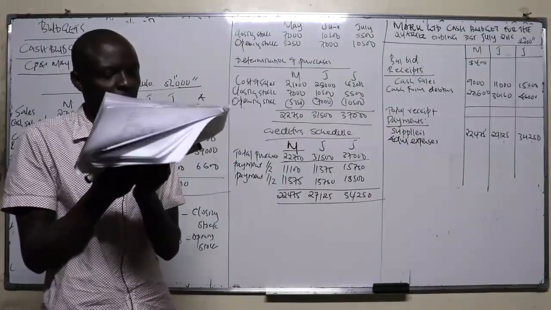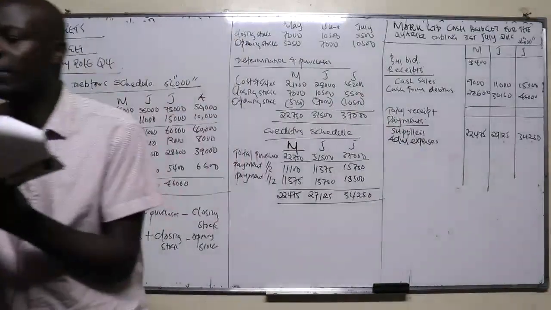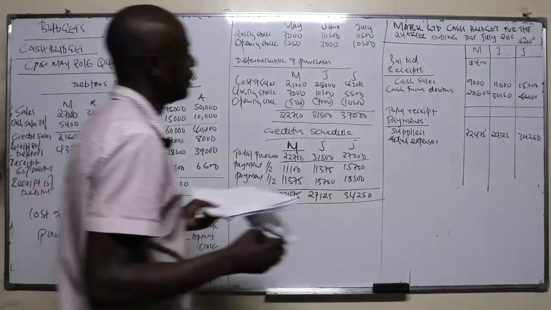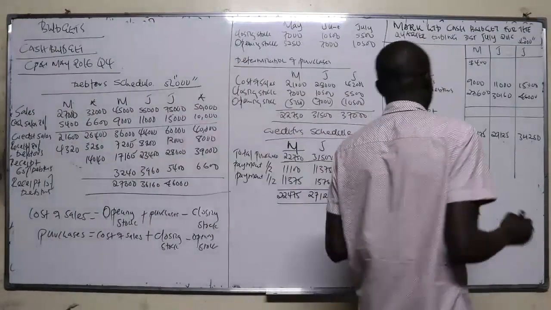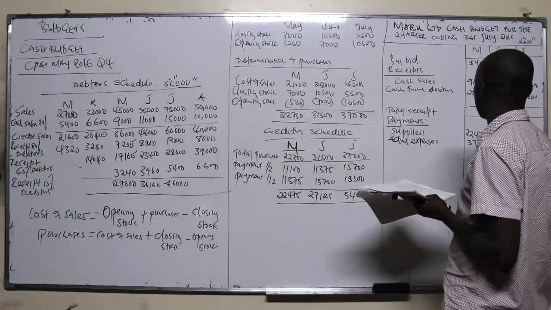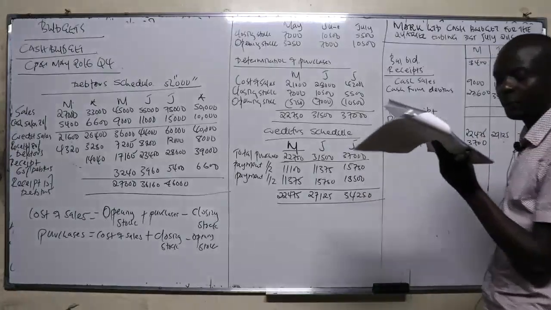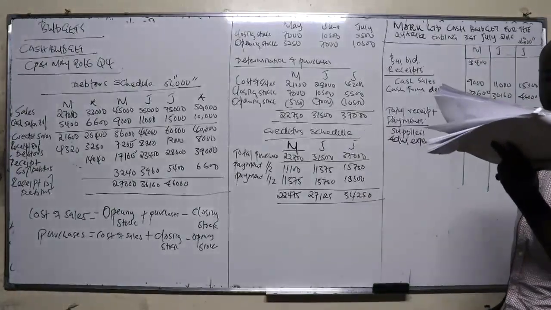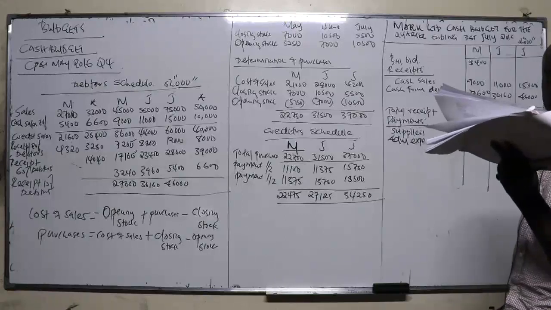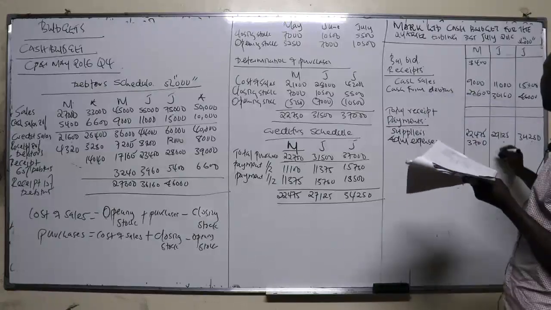They will pay administration expenses in the respective months, but you exclude 1,800. So for the month of May, it is 5,500. You eliminate 1,800, giving 3,700. And then June, 4,100.